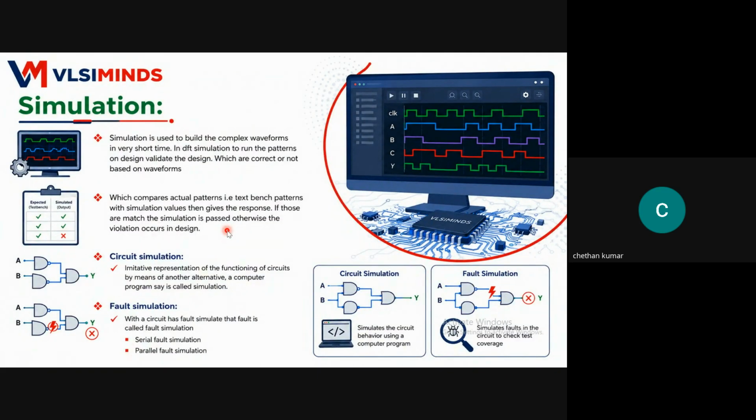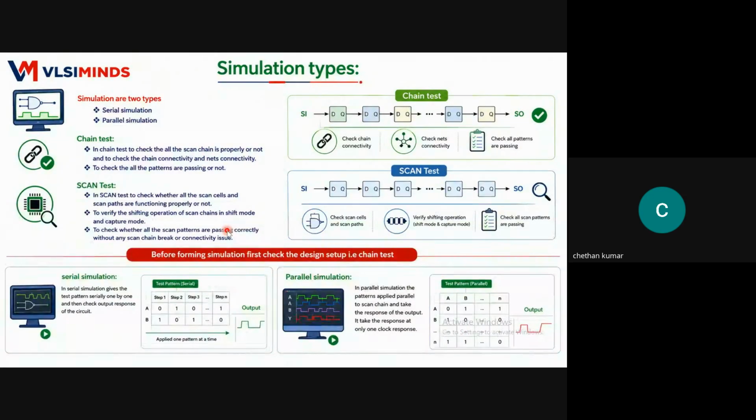Under this, we mainly concentrate on fault simulations. Under fault simulations, we have serial simulation and parallel simulation. We do these again for chain testing as well as scan testing. The chain test is mainly responsible for making sure the interconnects are clean.